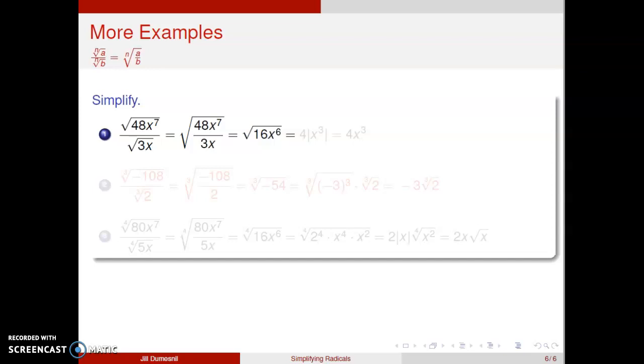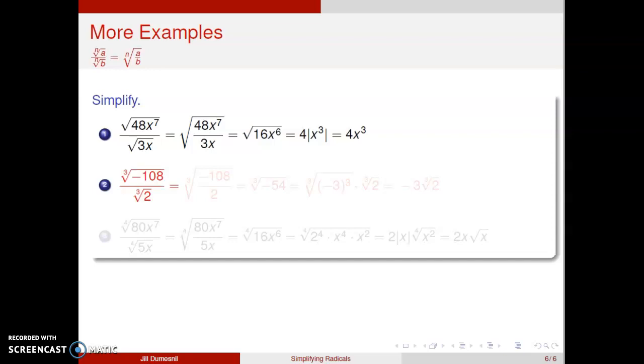The square root of 16x to the 6th simplifies to 4 times the absolute value of x cubed. But because we originally had the square root of 3x, it's safe to assume that x must have been non-negative, and the absolute value is unnecessary.